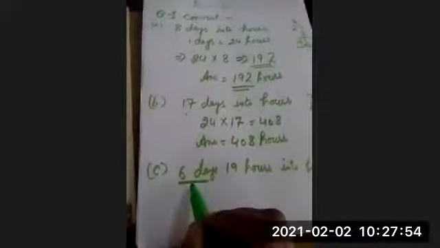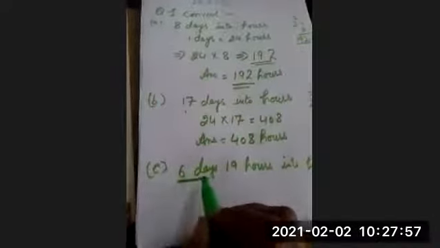In this question, first we will convert 6 days into hours. Then add 19 as it is, because these are already hours. So convert 6 days into hours: 24 multiplied by 6, plus 19.